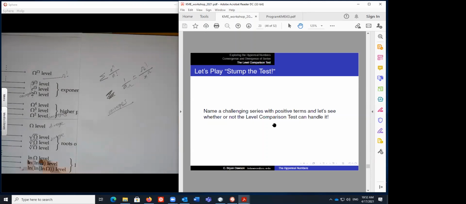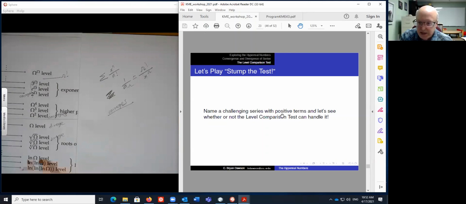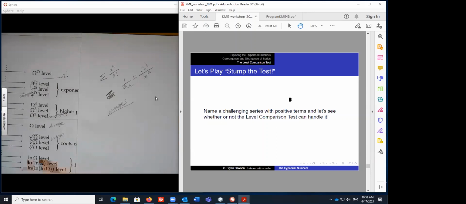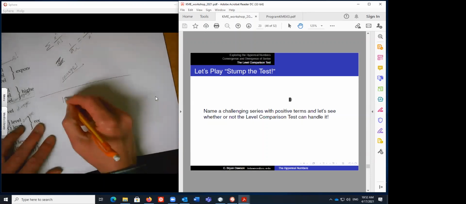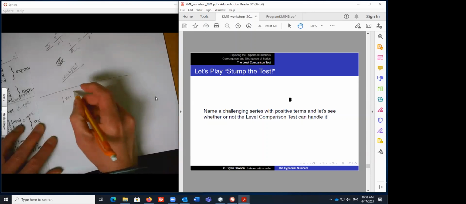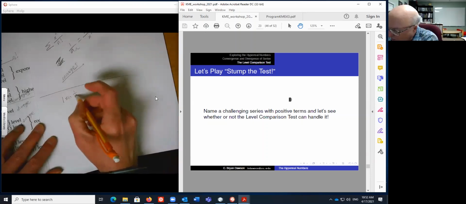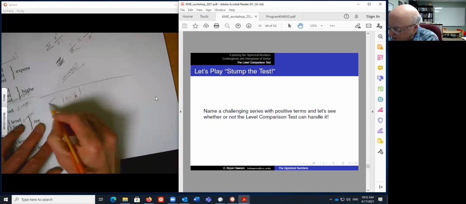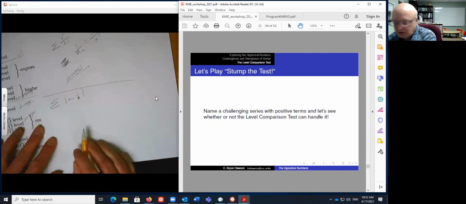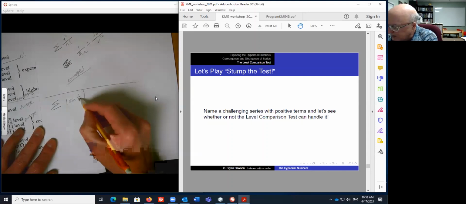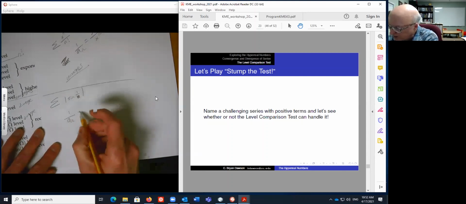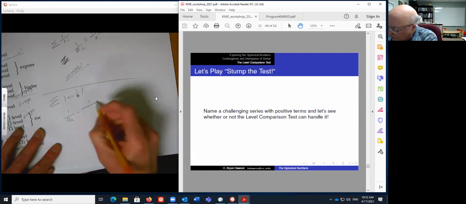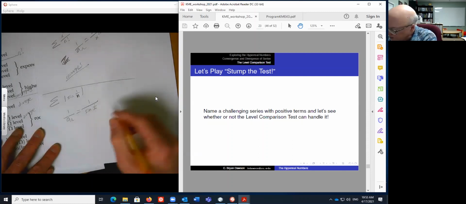Okay, anyone else want to play one with a stump the test? Sure, I got one. Okay. Absolute value of sine of 1 over x. Or 1 over n. Okay, so the sum of absolute values of sine of 1 over n. Okay, so your 1 over a sub omega would be 1 over sine of 1 over capital omega.